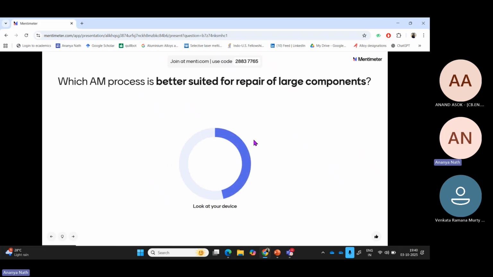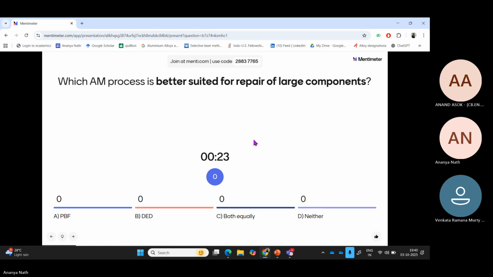Which AM process is better suited for repair of large components? This should be tick marked correctly.